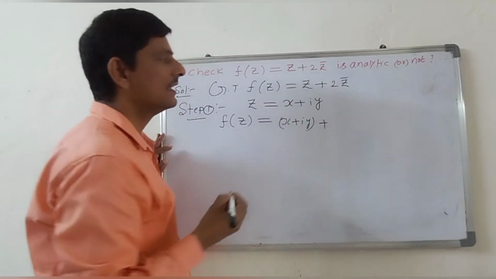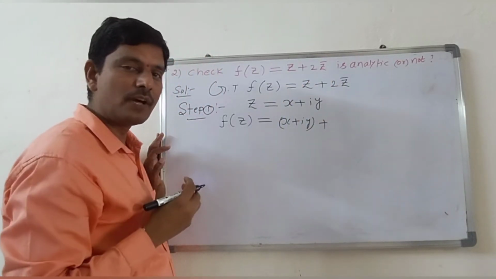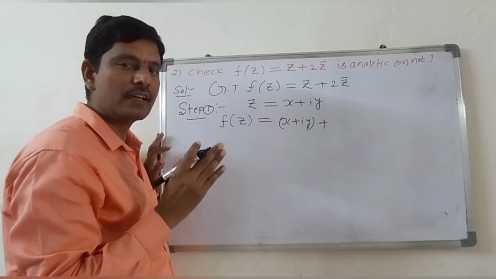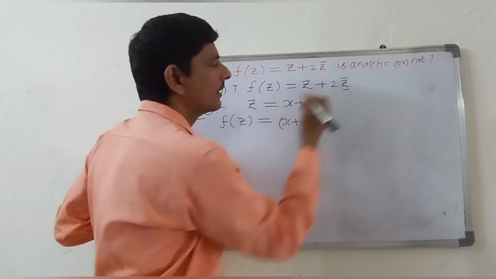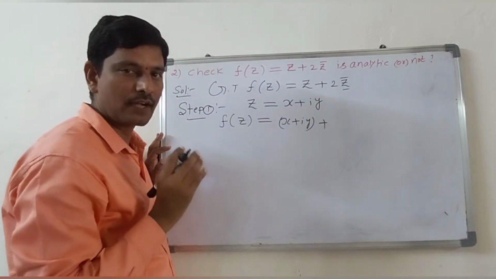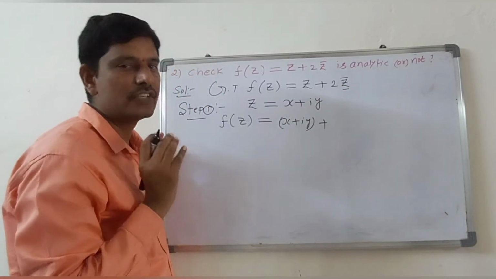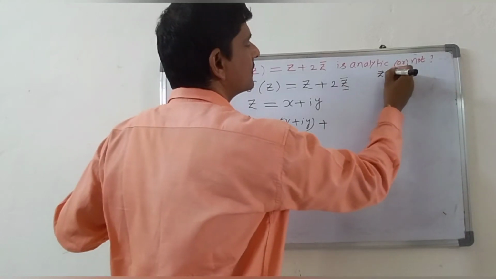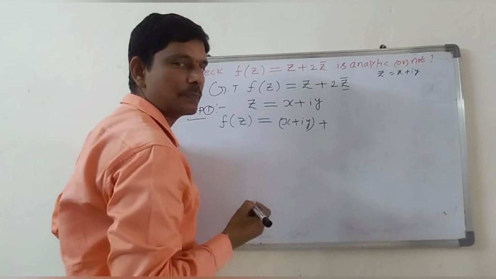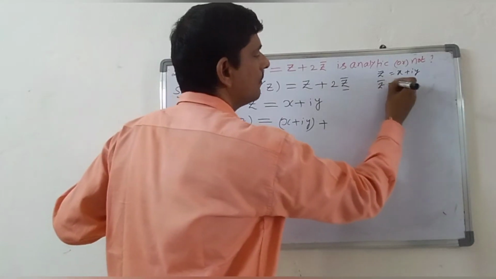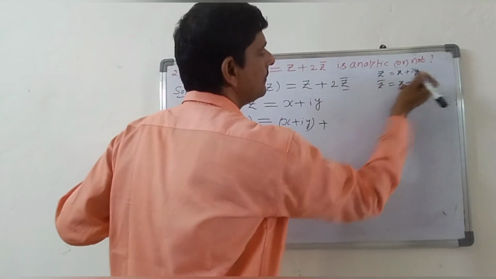Now here, what is this z bar? We are aware of the complex conjugate. z bar is nothing but the conjugate of a complex number. As we learned in our intermediate level, if z is equal to x plus iy, then z bar is equal to x minus iy.